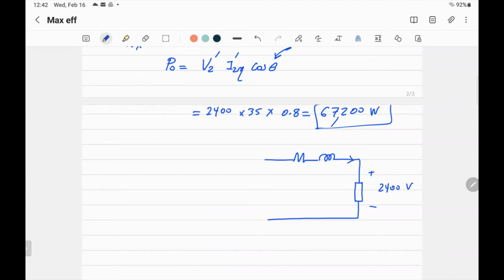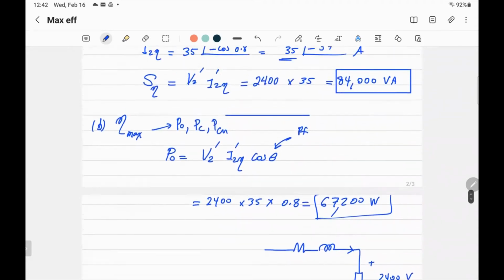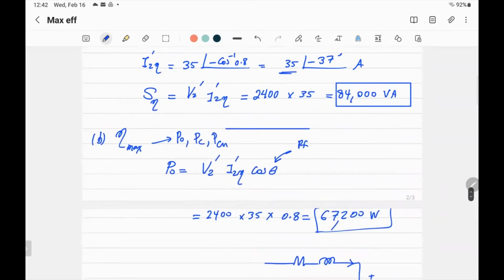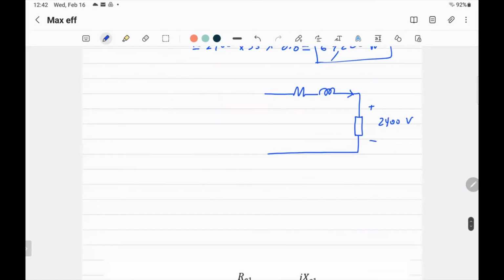You know the current, I2 dash efficiency, which is 35 at angle negative 37 amps. But you need R equivalent 1 and X equivalent 1. Actually, when you want to calculate the copper loss, you don't need X. You need R only, the one that causes copper loss. So I need to find R equivalent 1.